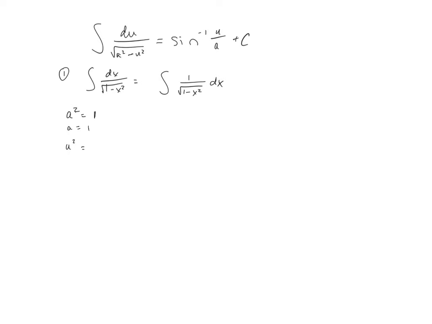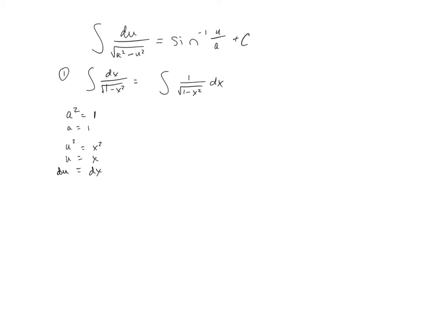My u squared value is x squared, therefore u is just x. And because I am technically using a u value here, I need to also know what my du would be equivalent to. Okay, so in this way, my du would just be dx.